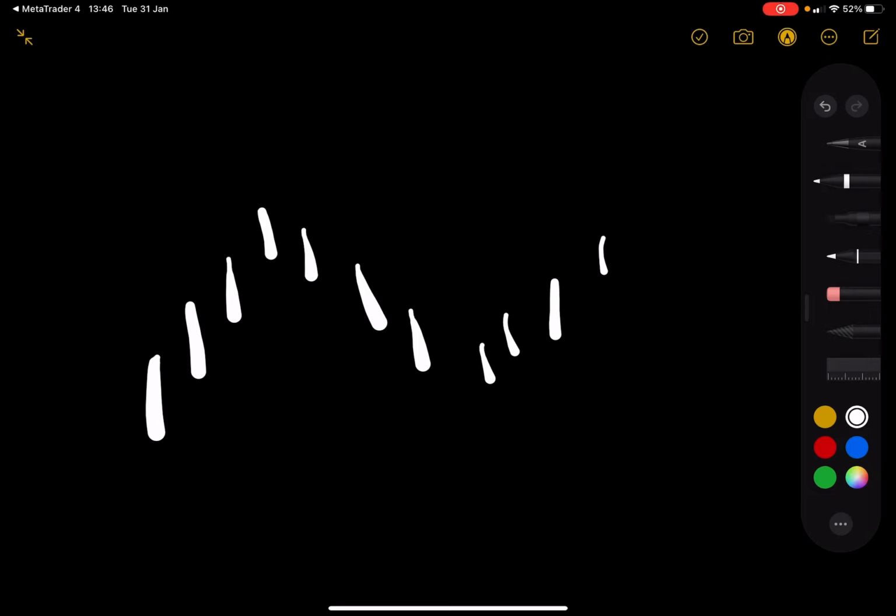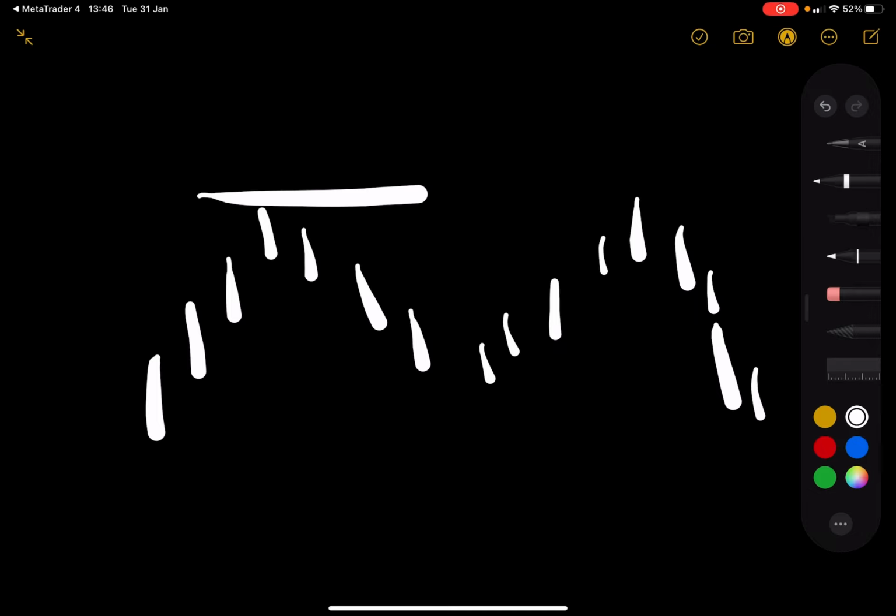Then those previous high liquidities may create double tops or double bottoms, or triple tops or triple bottoms. You can get them in multiple amounts. So here is a clear double top. They have to be basically the same level. So this candle has to be the same as that candle.